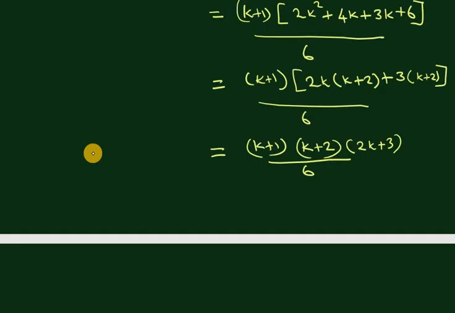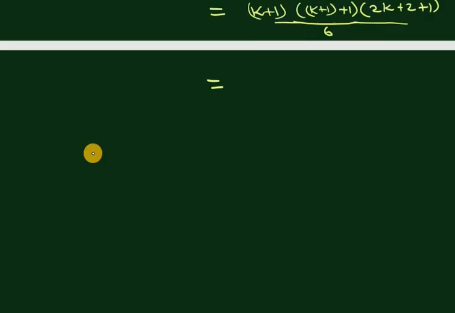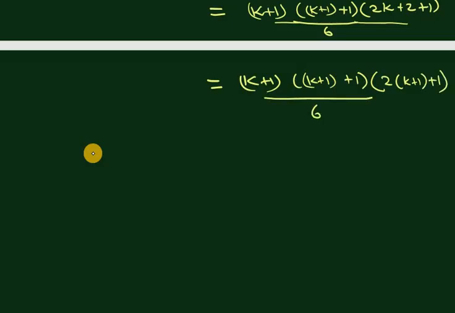Finally, you got the conclusion. It can be written in the form of k plus 1 into k plus 1 plus 1. I am modifying here to 2k plus 2 plus 1, whole divided by 6. This gives the idea. It is equal to k plus 1 into k plus 1 plus 1 into 2 into k plus 1 plus 1, whole divided by 6.